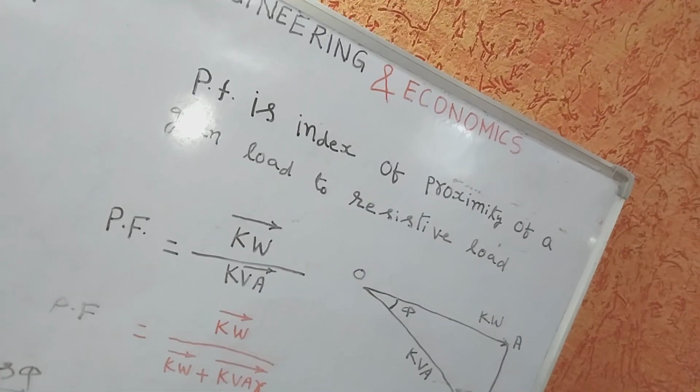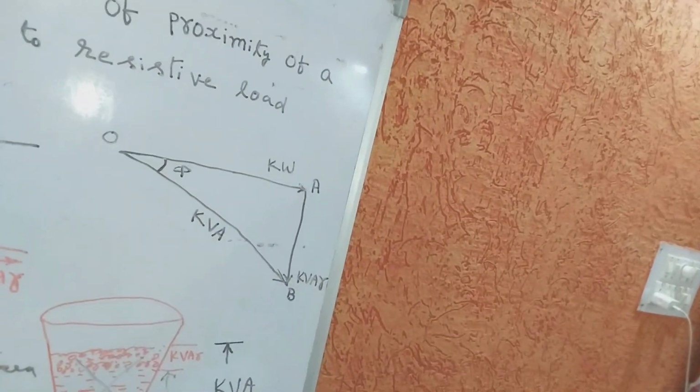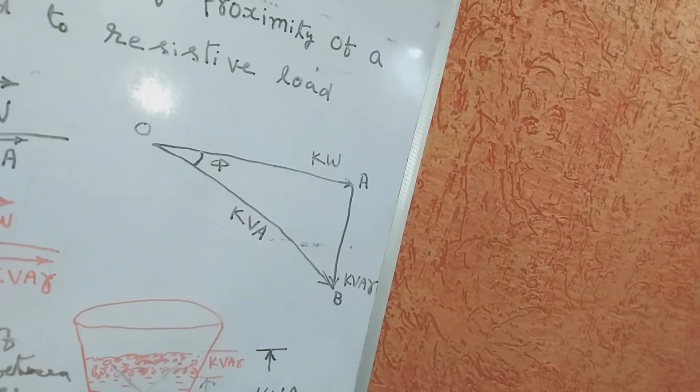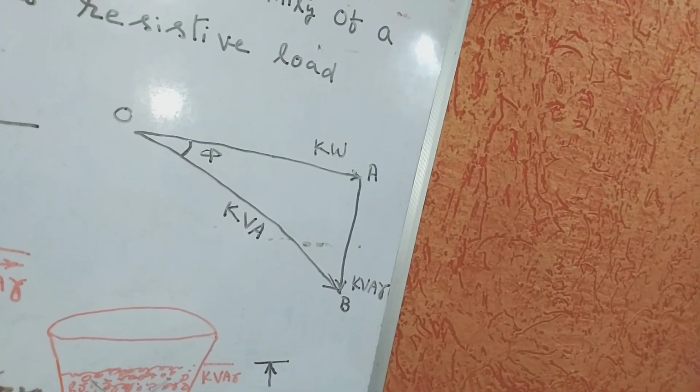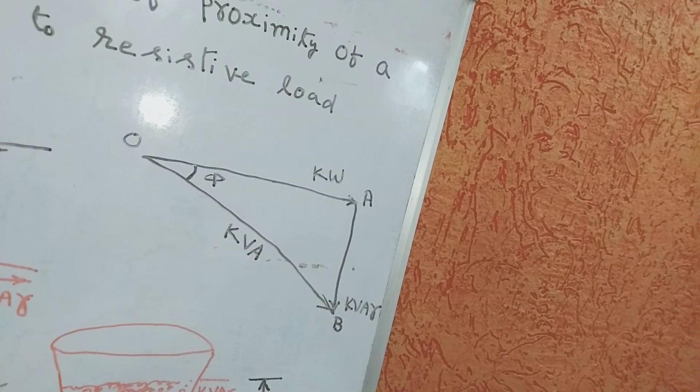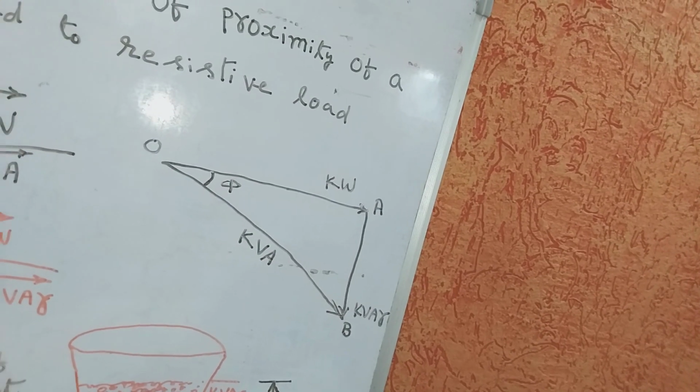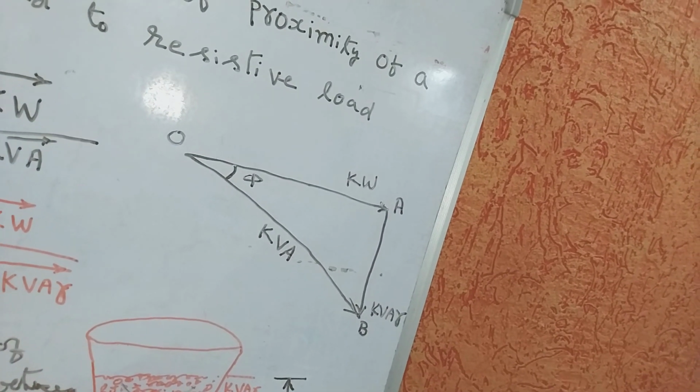In effect, lagging reactive kVA sets up flux in the motor. The only possible source of excitation in an induction motor is the stator input.